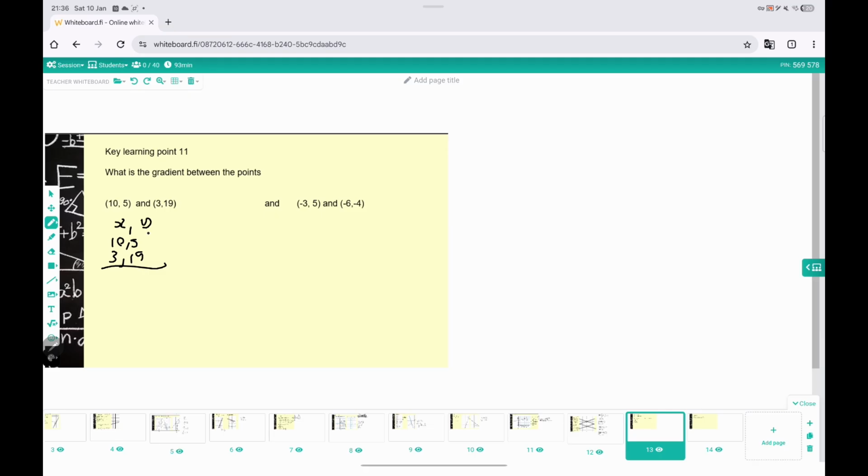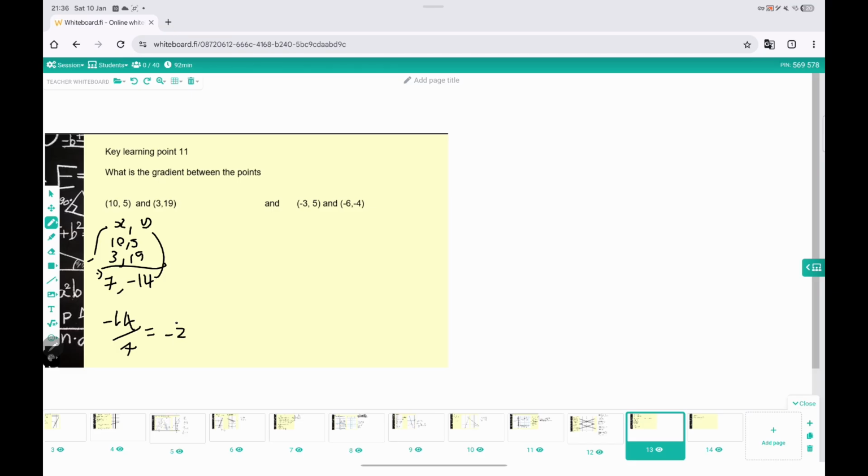So between 10, 5 and 3, 19, the difference in x is 7. 10 minus 3 is 7. Now, when we do 5 minus 19, we get minus 14. So that's our change in y, that's our change in x. So minus 14 over 7 gives us minus 2. So that's the gradient of a line between those 2 points.